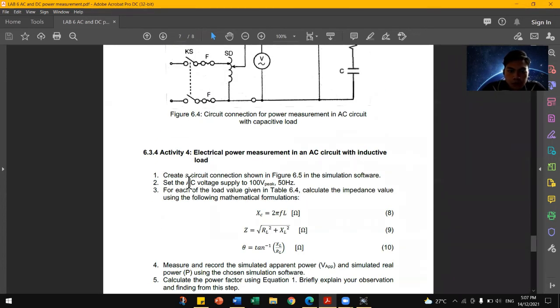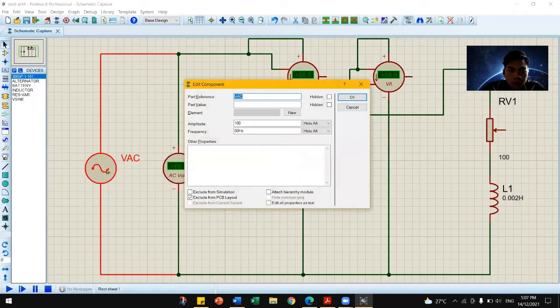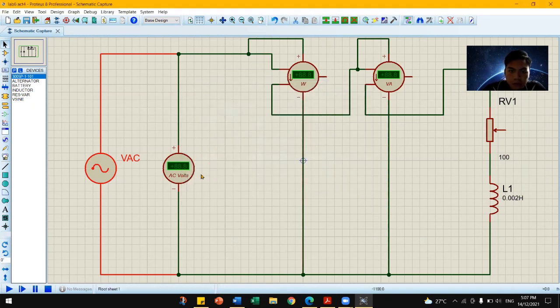Firstly, we need to set the AC voltage supply to 100 V peak and 50 Hertz. Here we already set the value. Then we use the voltmeter, the wattmeter, and the power factor meter.